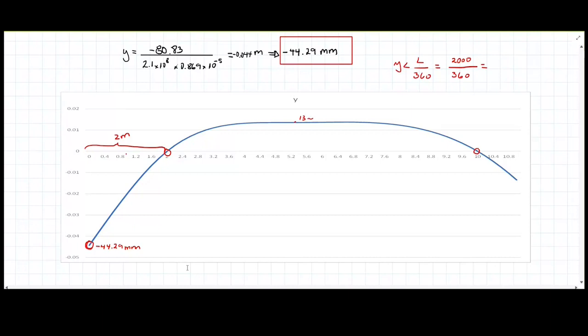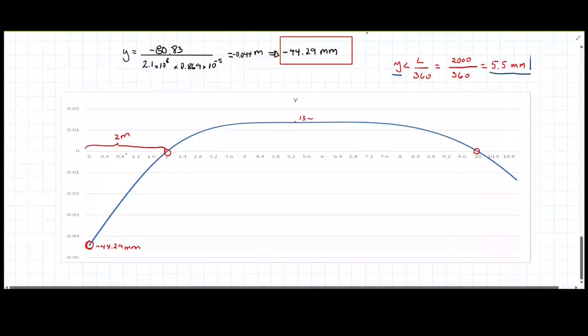Let me do a fast calculation here. According to this it is 5.5 millimeters. So what's happening here? According to this rule, this is not being met.